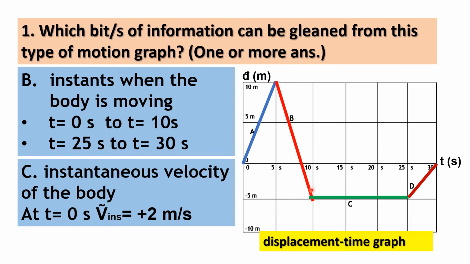The delta D is negative 15. Divide it by the corresponding time interval, which is 5 seconds, and you are going to get a negative value, or negative velocity. So you see, that is how a negative velocity in a displacement time graph looks like. It is sloping downward to the right.